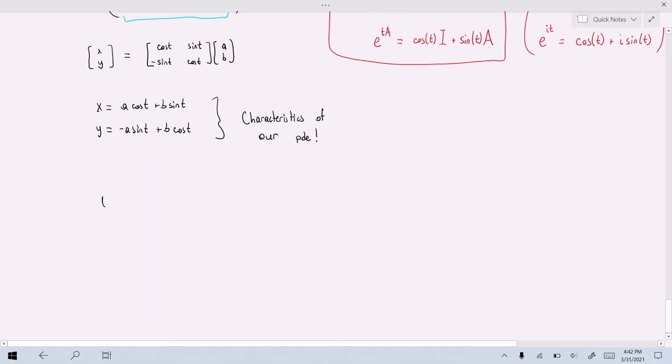So u evaluated at x of t, y of t. I don't want to write all of that out, so I'm just going to write x of t and y of t. So it's the integral of the right-hand side, which was 0 in our PDE. In other words, our solution along any characteristic is going to be constant.